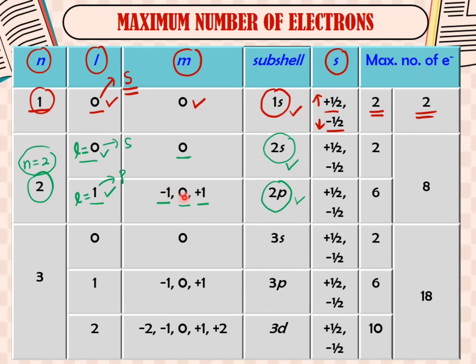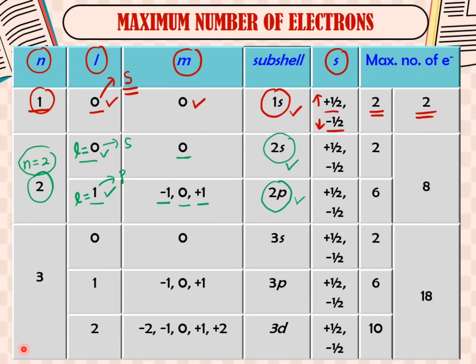Nampak? Negative 1, 0, positive 1. So, satu bilik boleh isi 2 elektron. So, kalau you ada 3 bilik, so you boleh isi 6 elektron. So, pada petala yang kedua, awak boleh isi total berapa? 8 elektron. 2 tambah 6, 8. Boleh nampak?